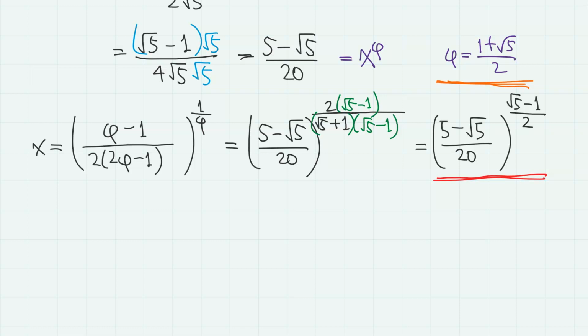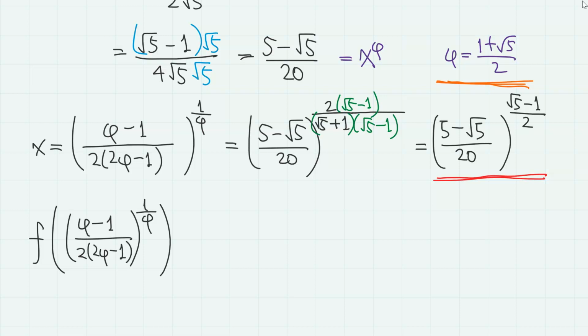Now let us find the y-coordinate. It is the value of f at (phi minus 1) over (2 phi minus 1) to the power of 1 over phi. And let us use the expression using phi again, because it actually simplifies calculation due to the nature of raising to the power of phi of the given function.